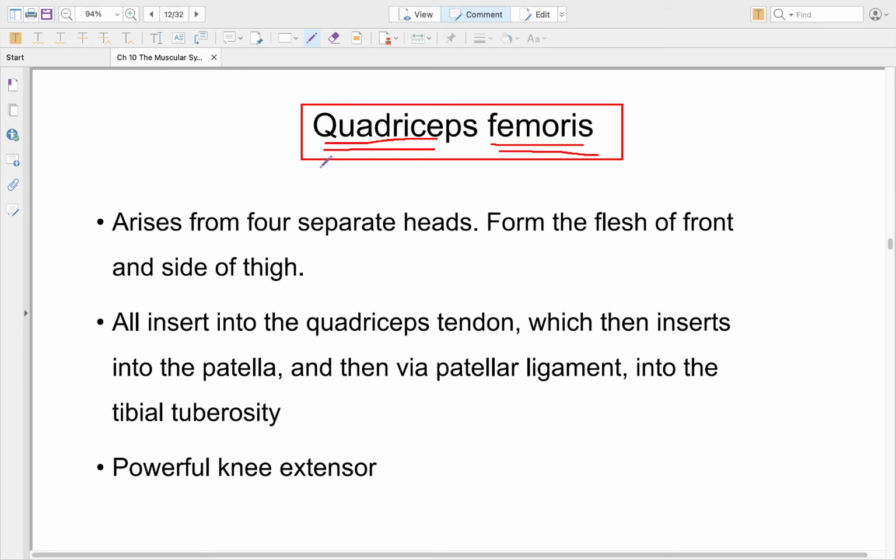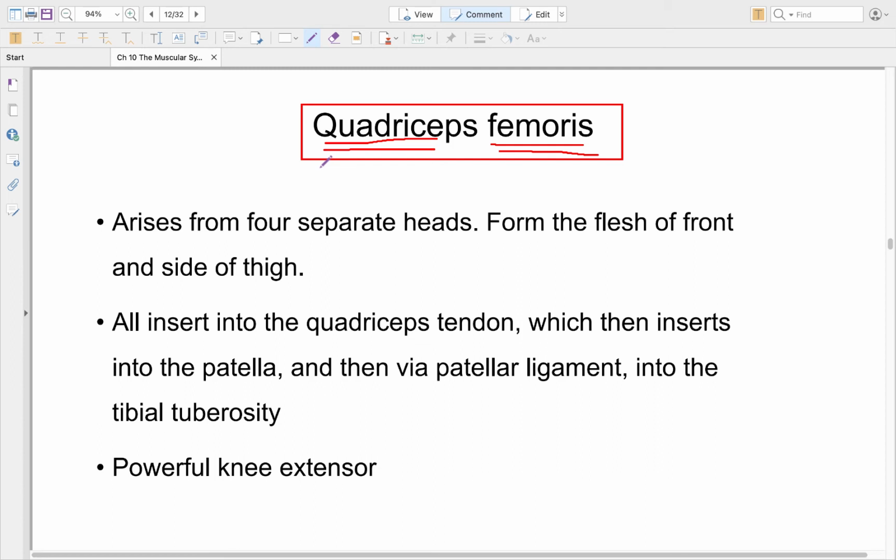Now we know that the quads are 4 muscles, and they arise from 4 separate heads. They, of course, are at the front and side of your thigh. What's interesting about them is that they all insert into what is called the quadricep tendon. So we have a tendon that all 4 muscles insert into.